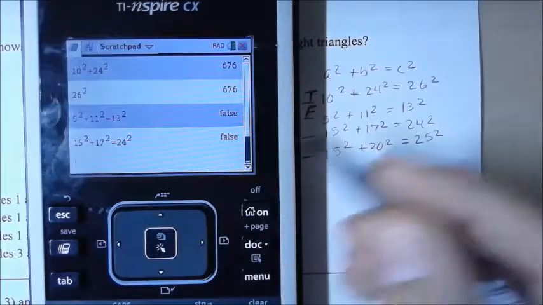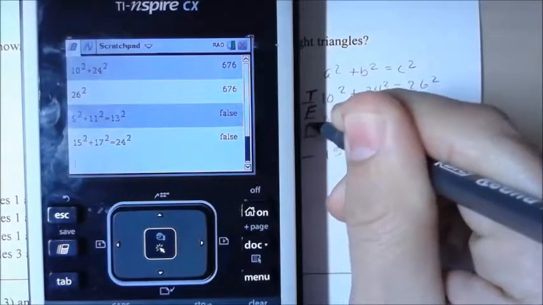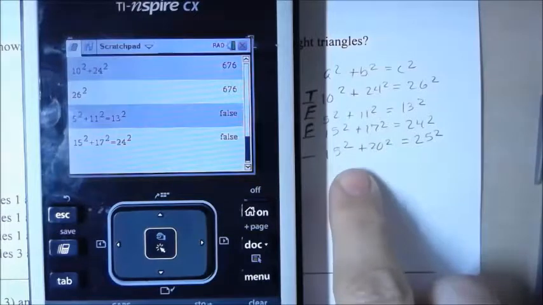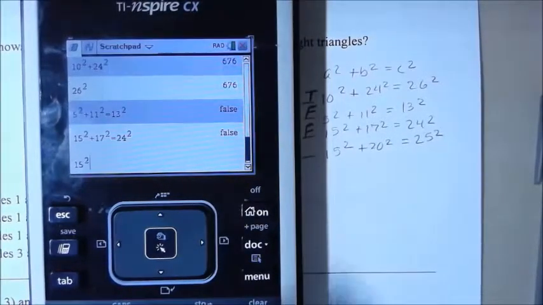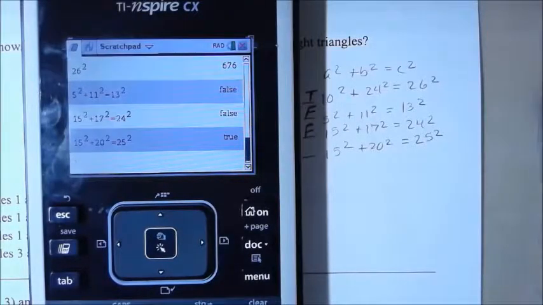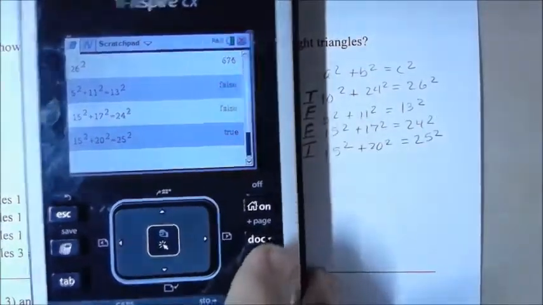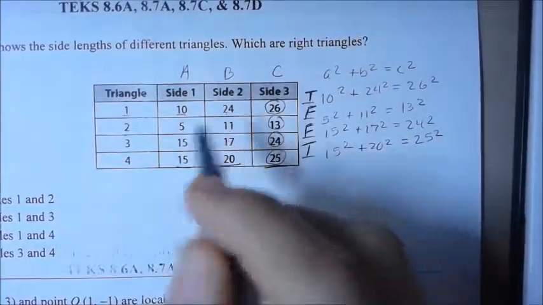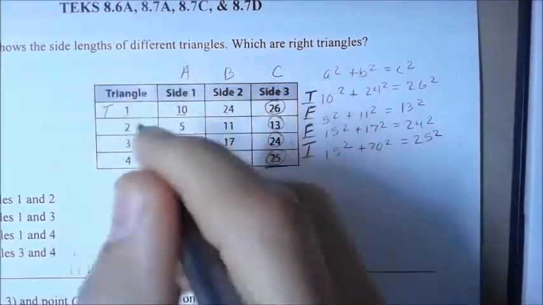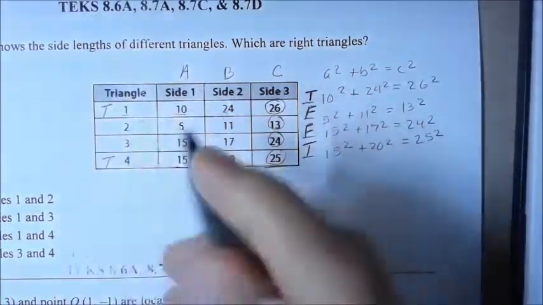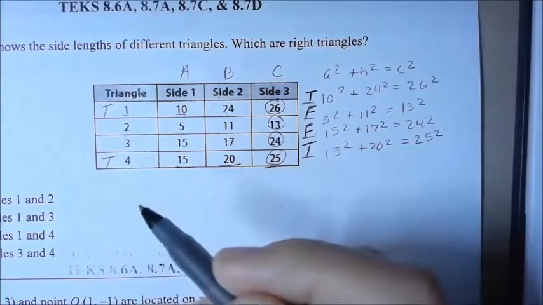And it says it's also false. So I'm going to put an F right there. And the last one, we have 15 squared plus 20 squared is equal to 25 squared. And it is true. So I'm going to put a T. So now that we've got that done, we can see that this one's true and this one's true. So 1 and 4 are right triangles.